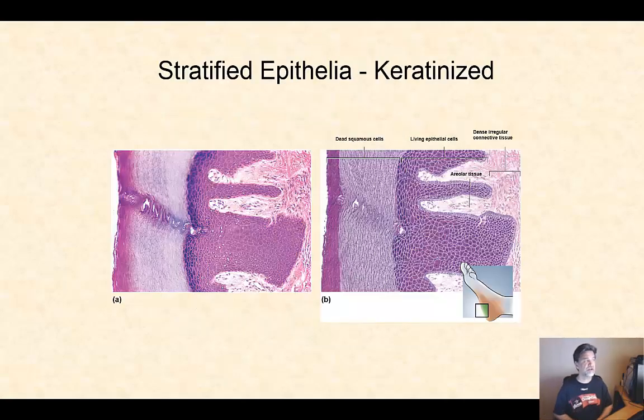So stratified epithelia, this happens to be a type that's called keratinized. So it's full of a protein called keratin, which helps to seal it. Thus, I would say this is skin, and indeed you can see this particular example from the bottom of the foot. And we can see how there are active cells, these ones kind of stained with purple, and below kind of looking like fingers extending into the tissue deep to it.